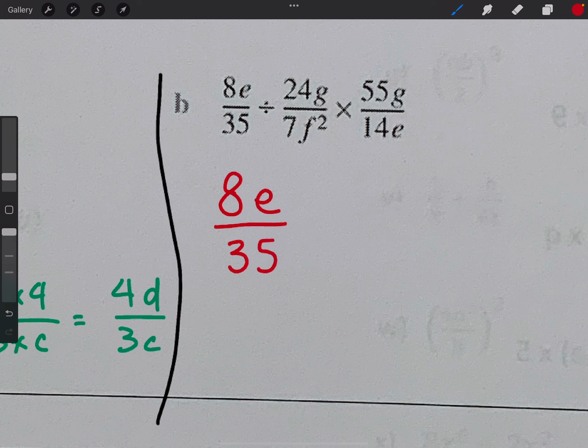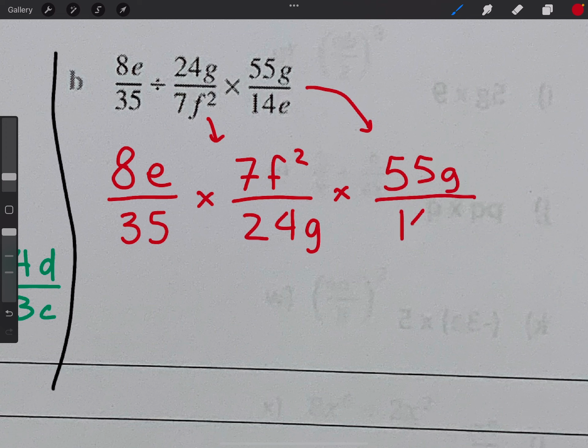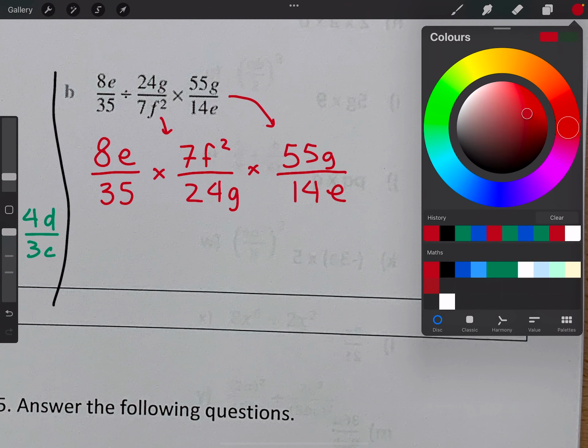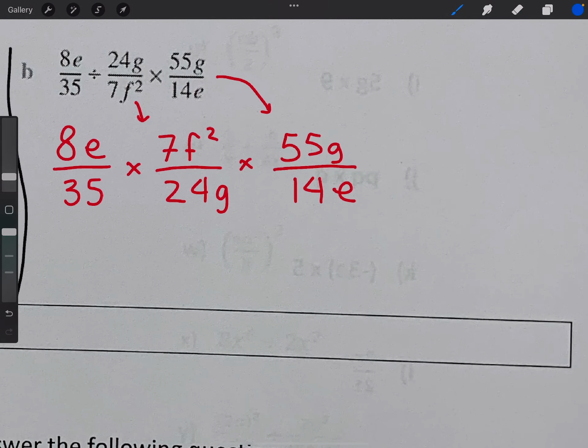We can flip this and we're going to get 7f squared over 24g. Alright, so this becomes a times, and then after that we times it by the last one, which we're going to put in here. Times it by 55g over 14e. So if you think you're up to the task, you can try doing all at once.